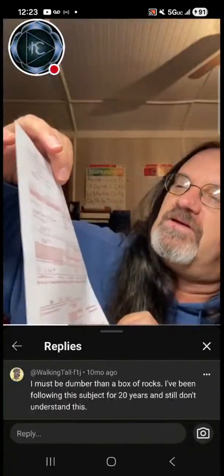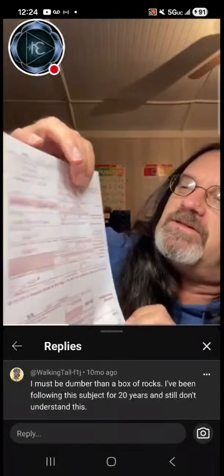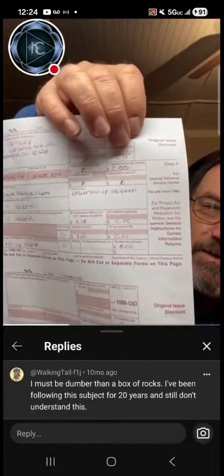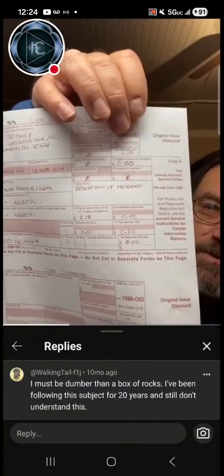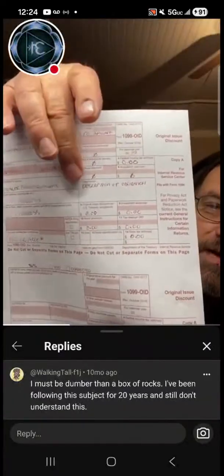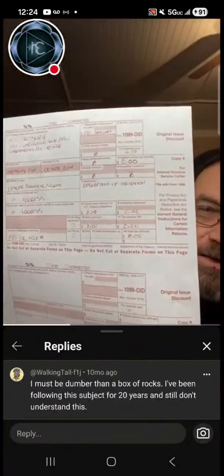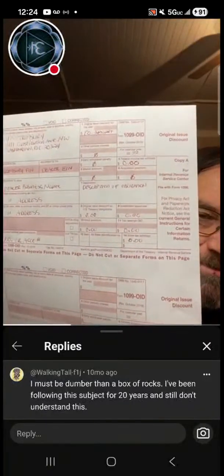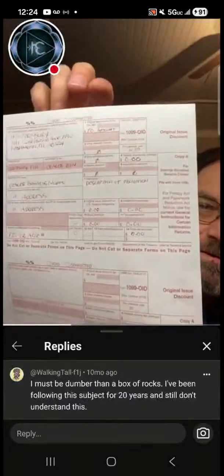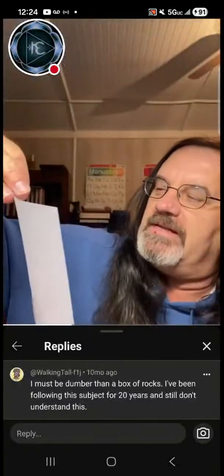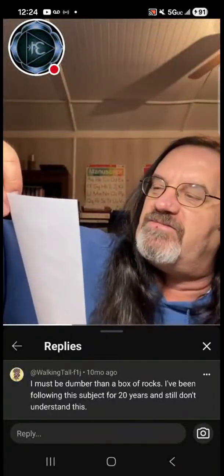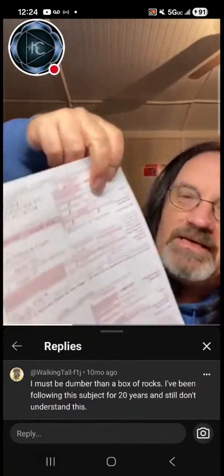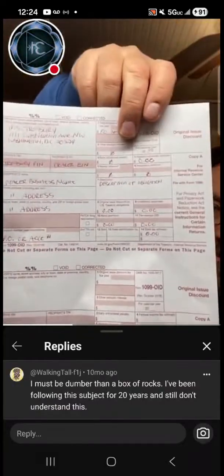And then you're going to have all these other blocks. Well, there's the calendar year, 22. Then you're going to have all these other blocks or boxes. You're going to put zero in there. $0.00. And I'm going to explain that, right? It says federal income taxes withheld in box 4, for instance.